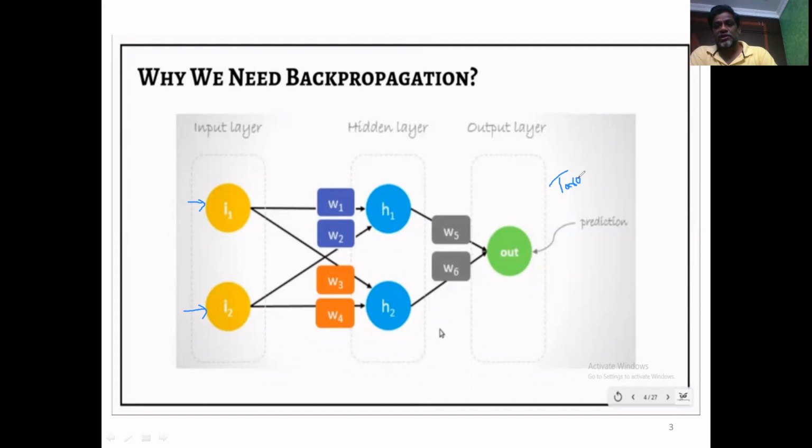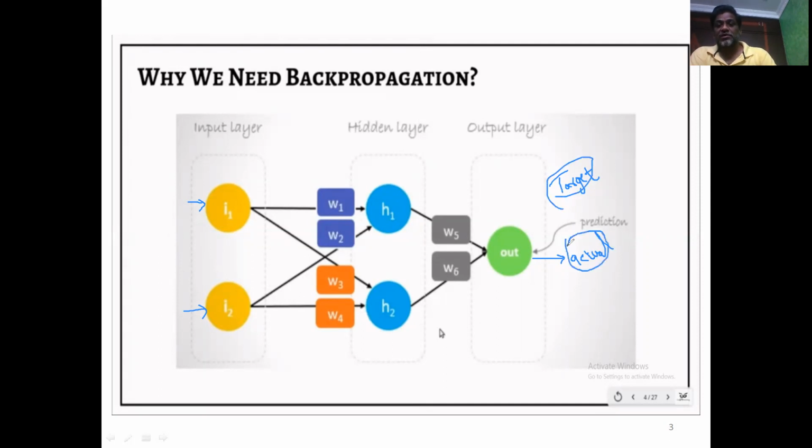Once the inputs are given, the model calculates the actual output produced here, that is, the predicted value produced by the model. Then we need to compare this target and actual.